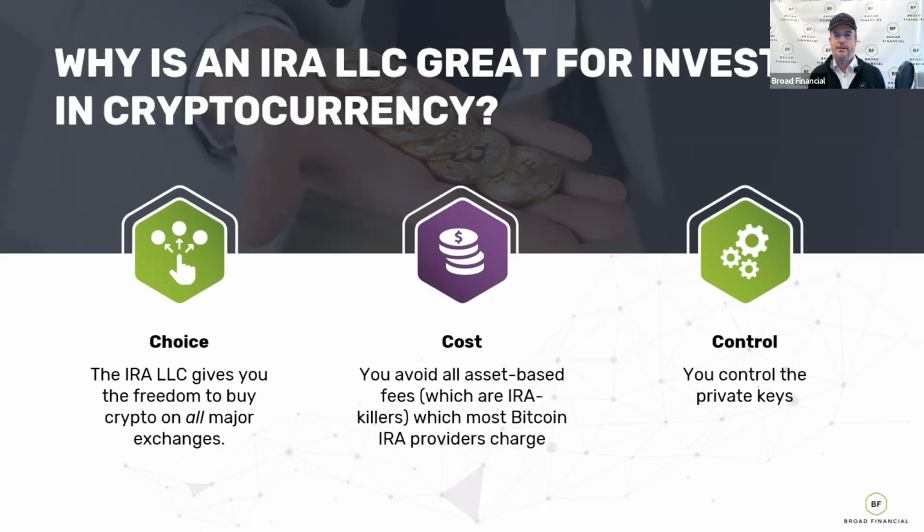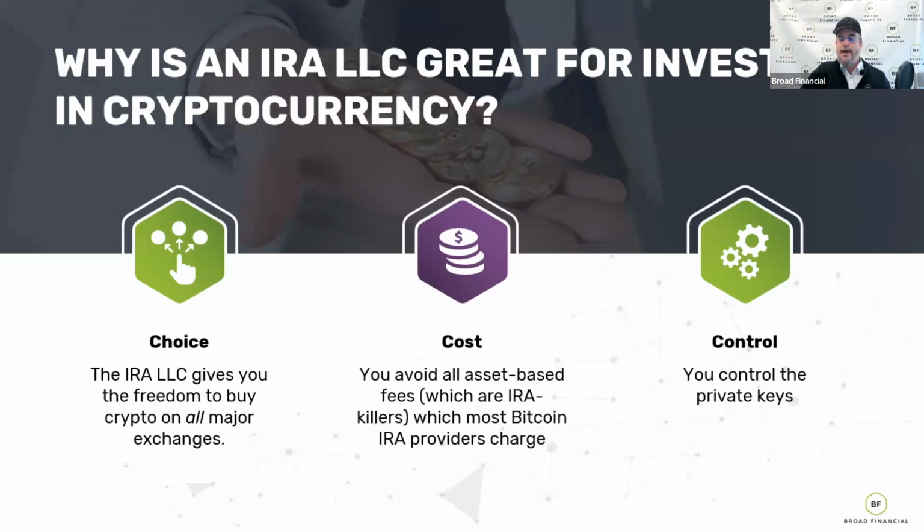There are transactions, and then there are asset-based fees. We're also not charging you whether you have $1 or $1 billion. The fees are flat. It has nothing to do with the asset value. It's an IRA killer that people only find out too late, unfortunately, that if you're being charged on the amount of money in there, when crypto goes up, and I've had a lot of these calls, people are thrilled that they're making money, but they're horrified that now they're paying a couple thousand a year instead of maybe a couple hundred a year, because the crypto went up 10 times.